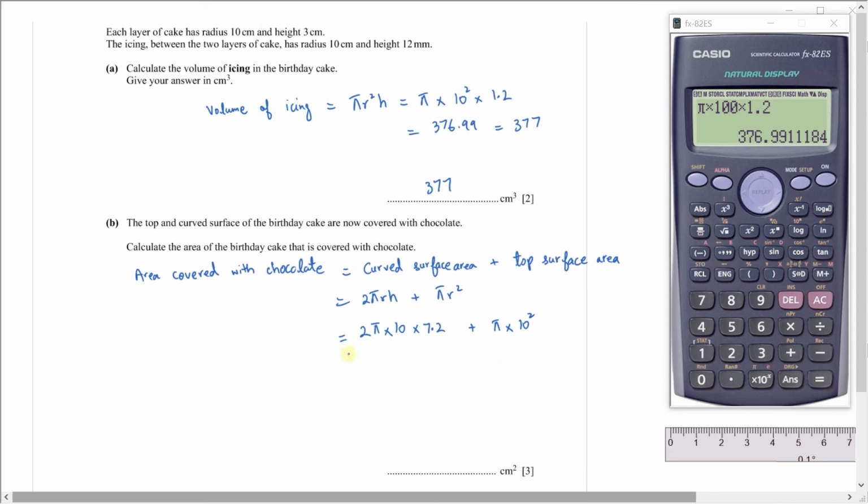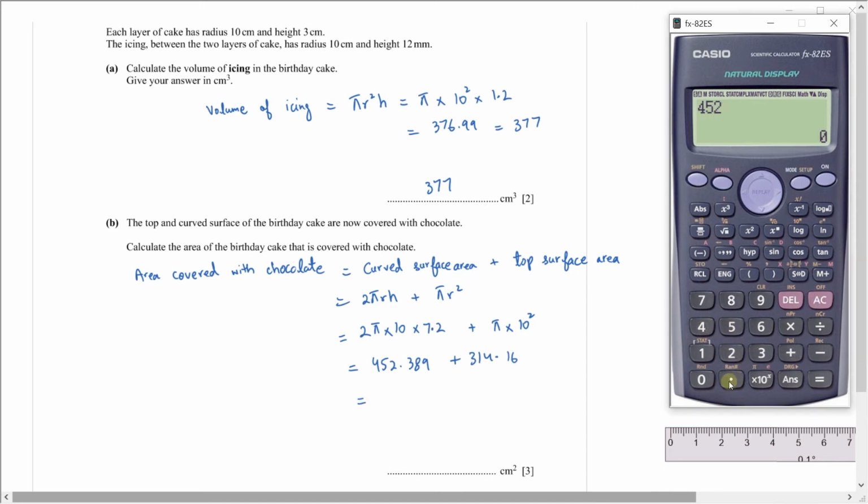So now let's calculate this. Pi into 2 into 10 into 7.2 is 452.389. 452.389 plus pi into 100, which is 314.16.